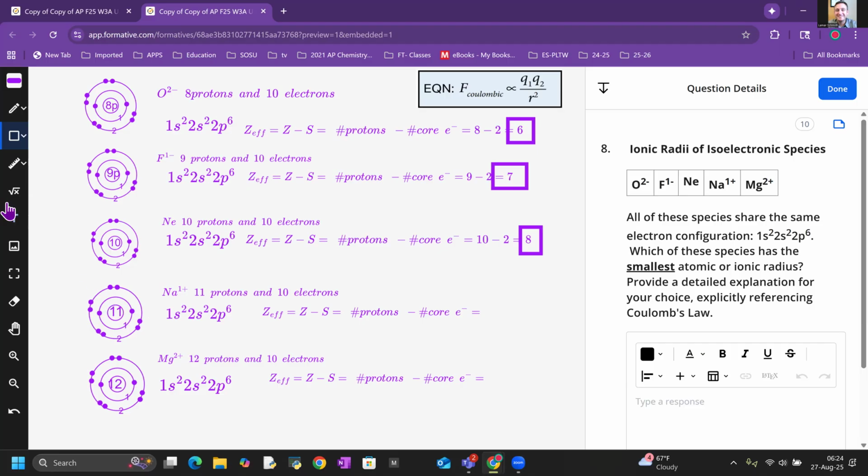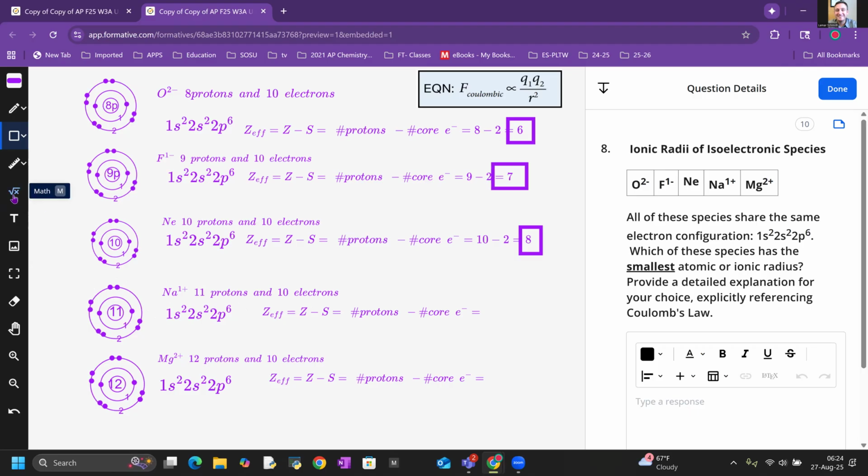In the sodium ion, now, normally we would say sodium is larger because it has a whole other energy level. But what happened when it became the sodium ion? It lost an energy level. It has the same number of valence electrons and the same number of core electrons.